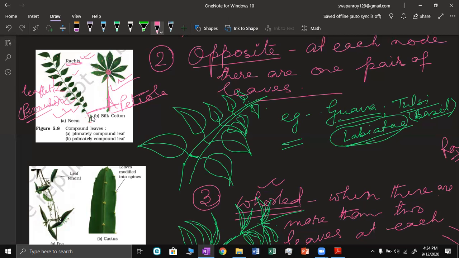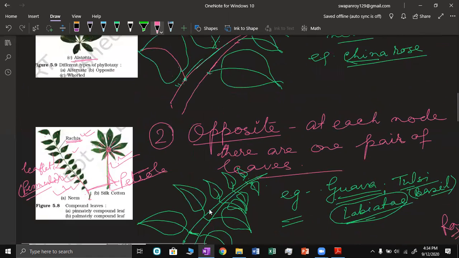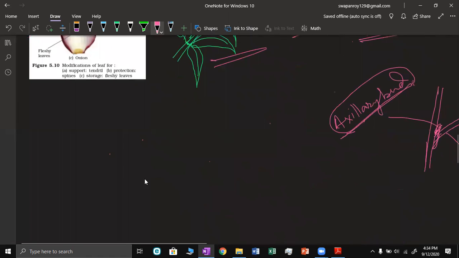But in this case, the midrib is very long, forming the rachis, and leaflets are appearing on either side of the rachis. And in this case, the leaflets are coming out more or less from one point.